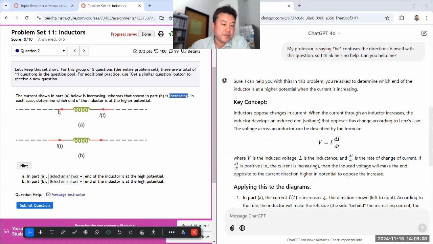So if the current here is increasing, then the inductor will produce a voltage opposing it. So I think the voltage on the right end should be higher, and here the left end should be. That's what I would guess. I don't know if it's right.